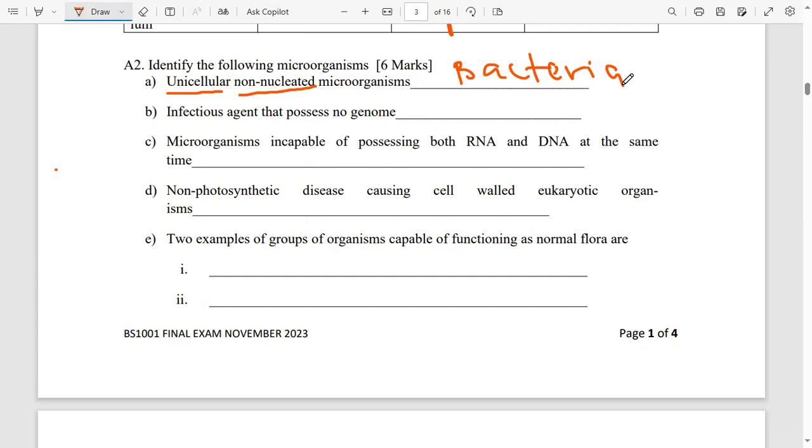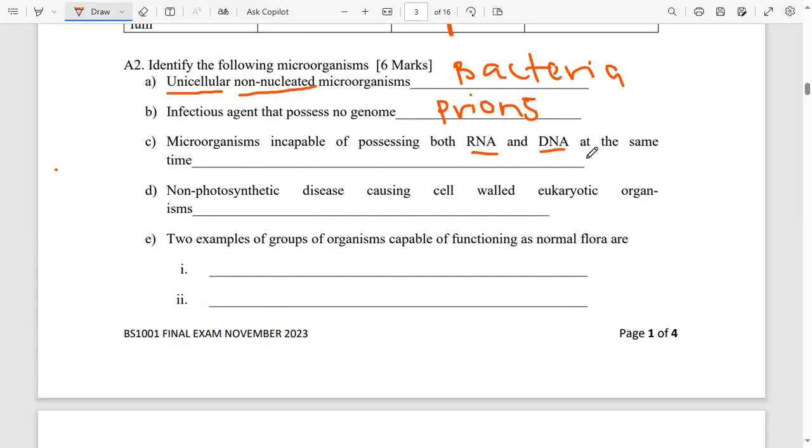These are called prions. These prions are infectious agents, meaning they can cause diseases in a person, but they do not possess any genetic material. They do not possess any genome, but they are infectious agents.